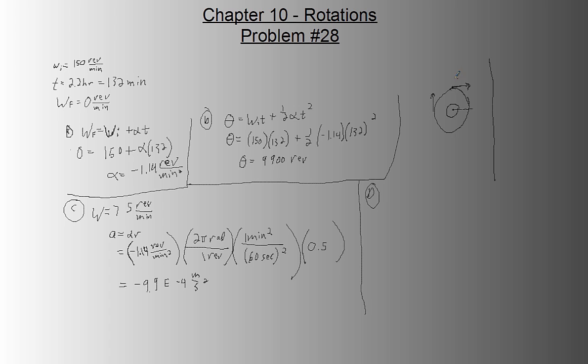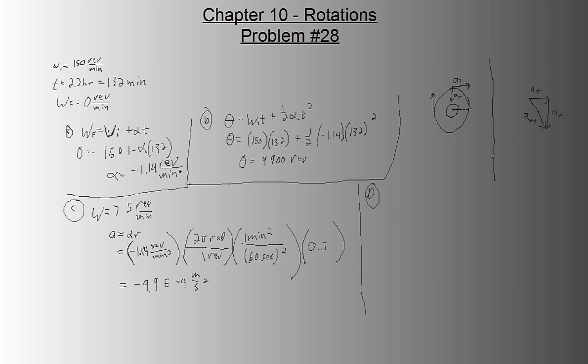So we have a tangential component and we have a radial component. And together, a tangential and a radial, which by the way you should recognize as centripetal acceleration, gives you a net. Right? So that's what we're doing.